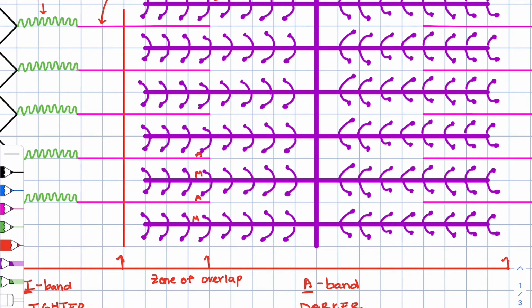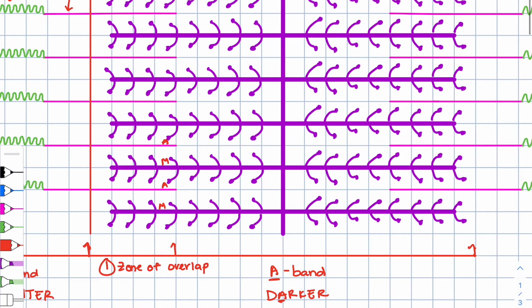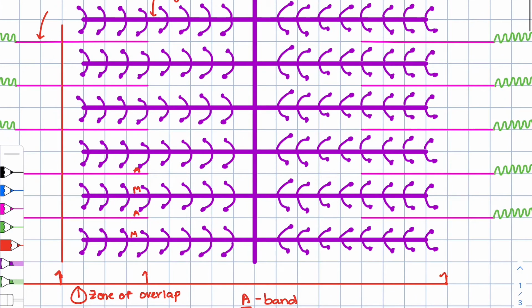Okay, and so the A band is going to include one, the zone of overlap, and it's also going to include the H band. And the H band is going to be the area where we only have myosin.